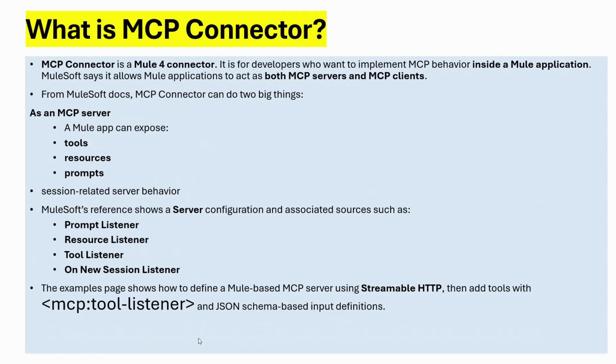Imagine if you have only 1 or 2 APIs, that is fine. You can use MCP connector and rebuild everything from scratch, and expose them as MCP tools. But imagine if you already have 200 or 300 APIs in your production or in your organization.